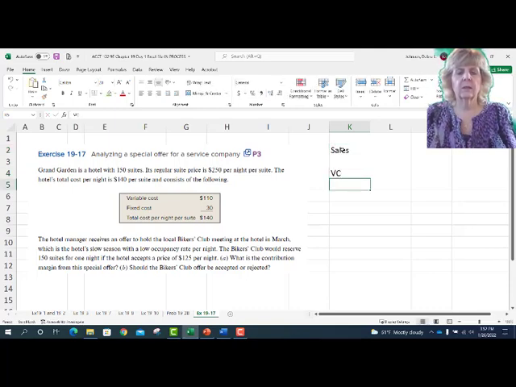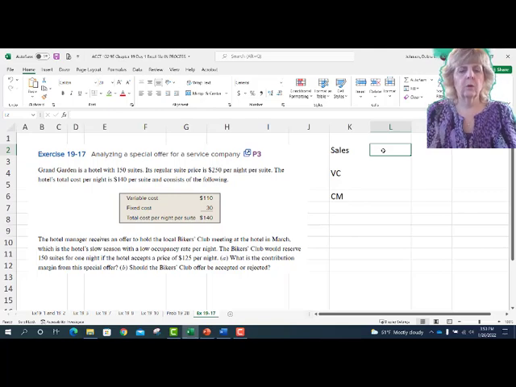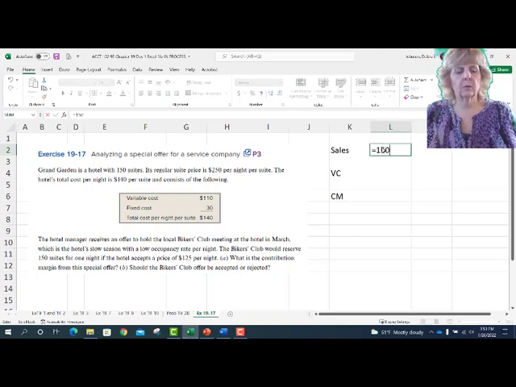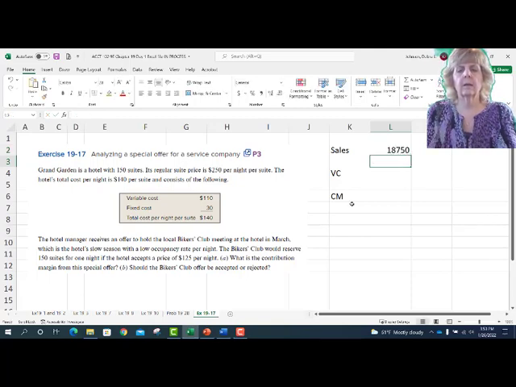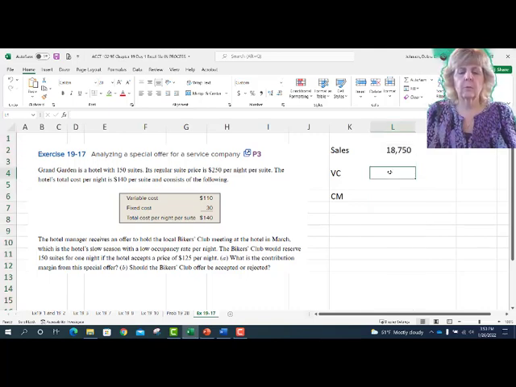So we would take the sales less the variable costs and come up with a contribution margin. The revenue at the special offer price was for 150 suites at $125 per night. That would bring us revenue of $18,750. Fixed costs are fixed no matter what, so we're taking those uncontrollable costs out of the mix.